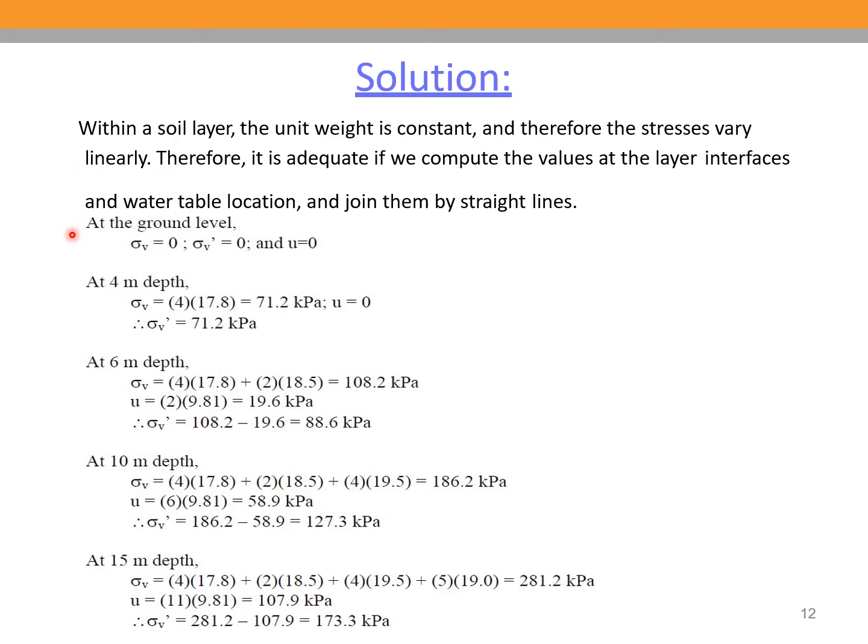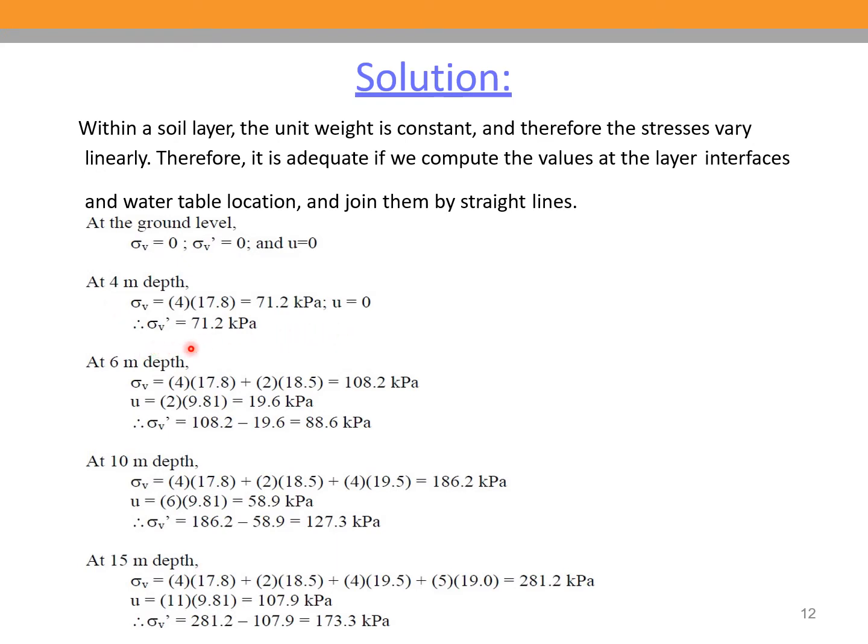So at the ground level, sigma V is equal to 0, effective stress is 0 because the pore water pressure is also 0. At 4 meter depth, the total vertical stress is 4 times 17.8, and it is 71.2 kPa, and the pore water pressure again 0.